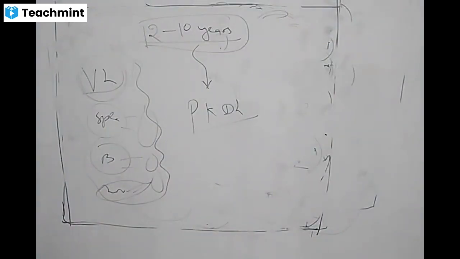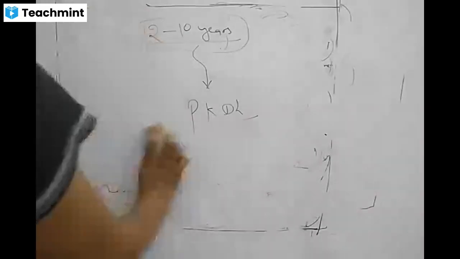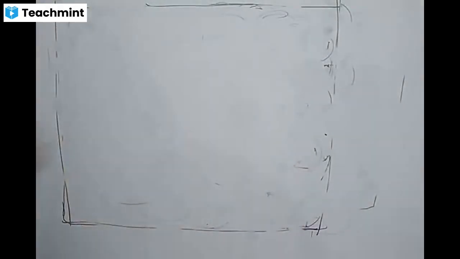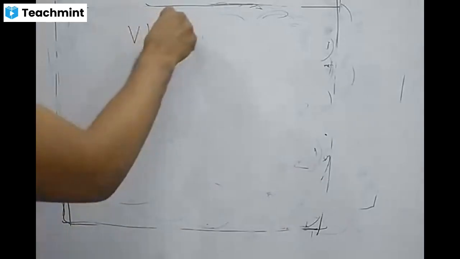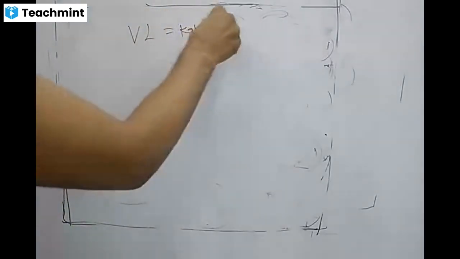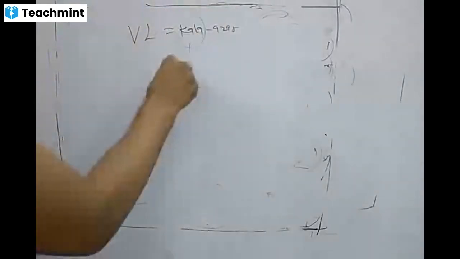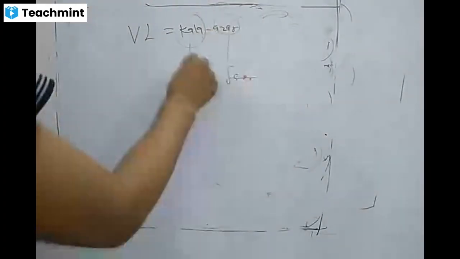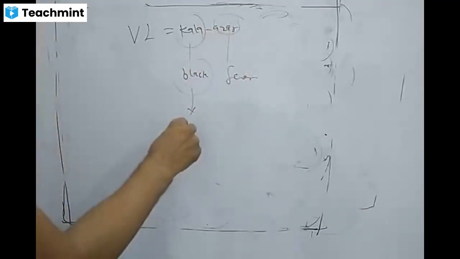PKDL is post Kala Azar dermal leishmaniasis, which comes after 2 to 10 years. VL is known as Kala Azar. Kala means black, Azar means fever, and black means hyperpigmentation.